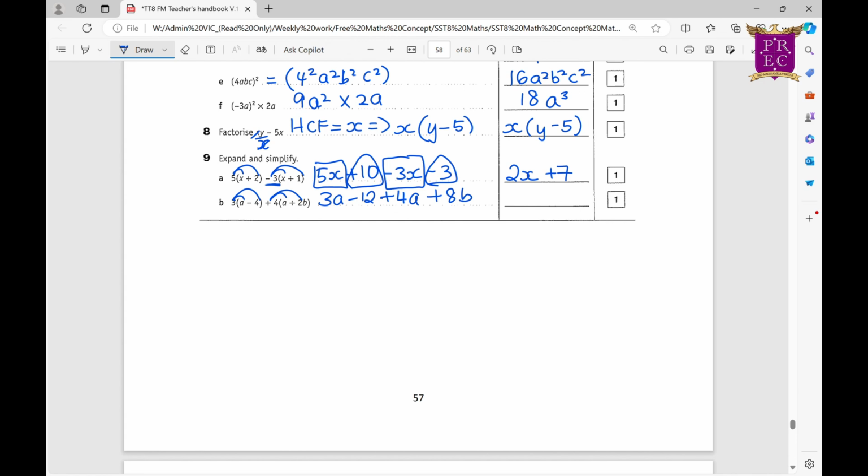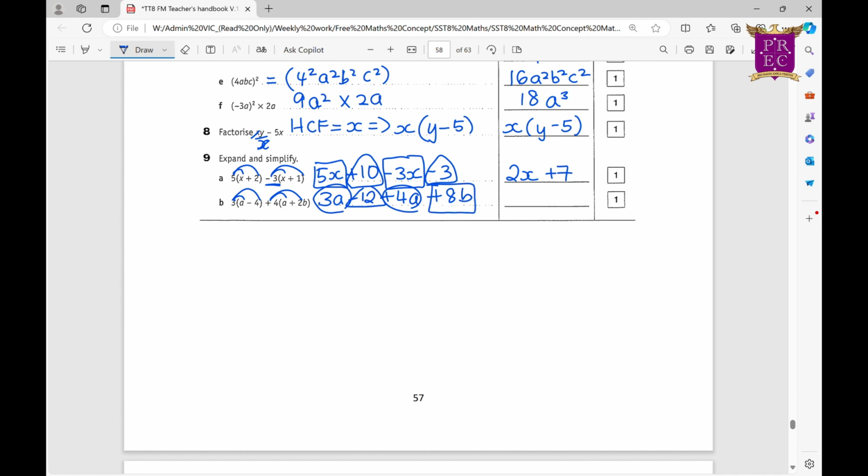And now you just want to group all the like terms together. You'll notice there's only one pair of like terms, which is 3a and plus 4a. -12 is on its own, and so is 8b.